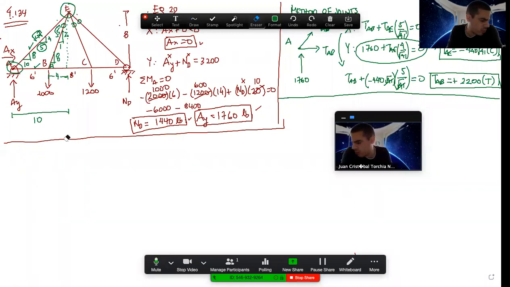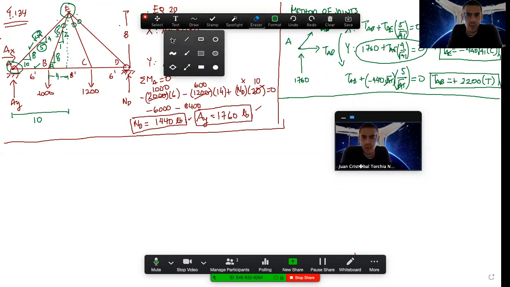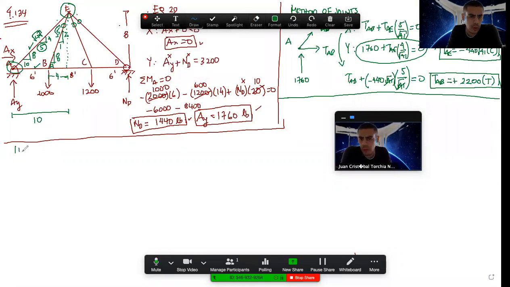The one that I was looking for was, what's the one that I did? Well, I can actually pick D or B. I think I picked B. So whatever it is, I'm going to do it. So joint B. Let's just pick joint B up. I have that guy over there.